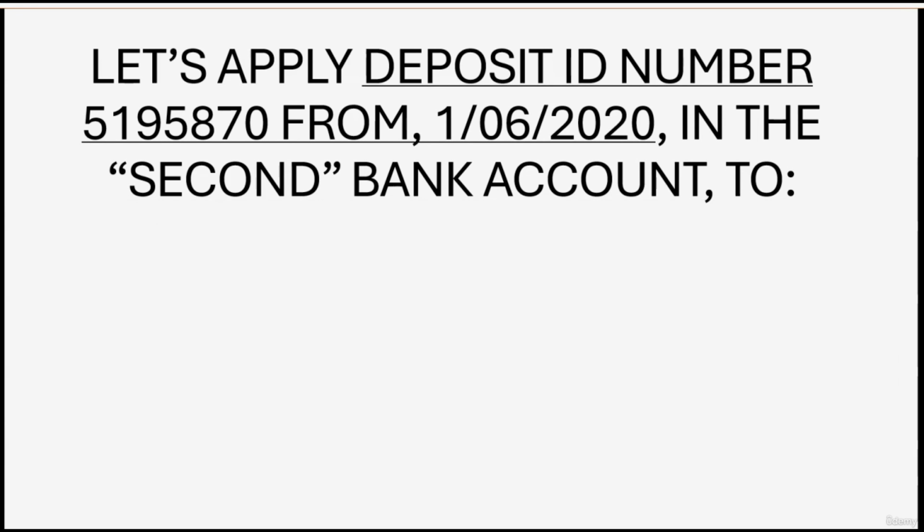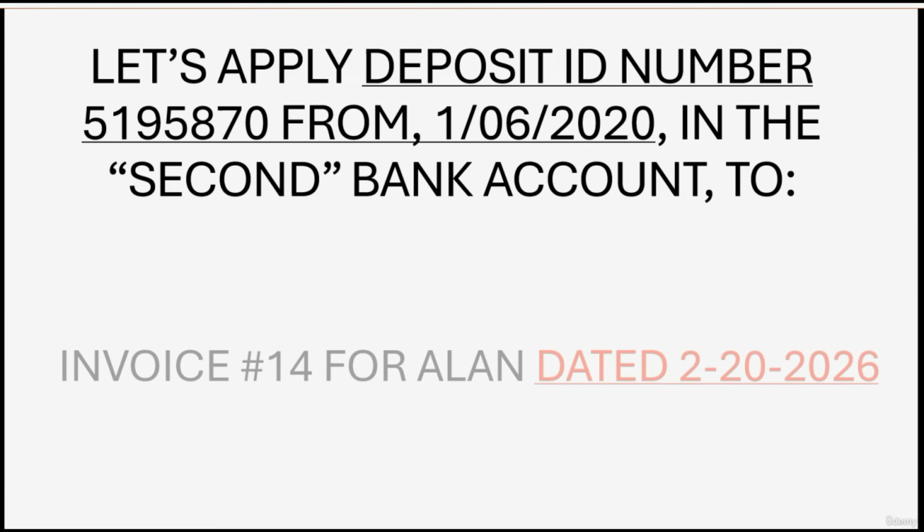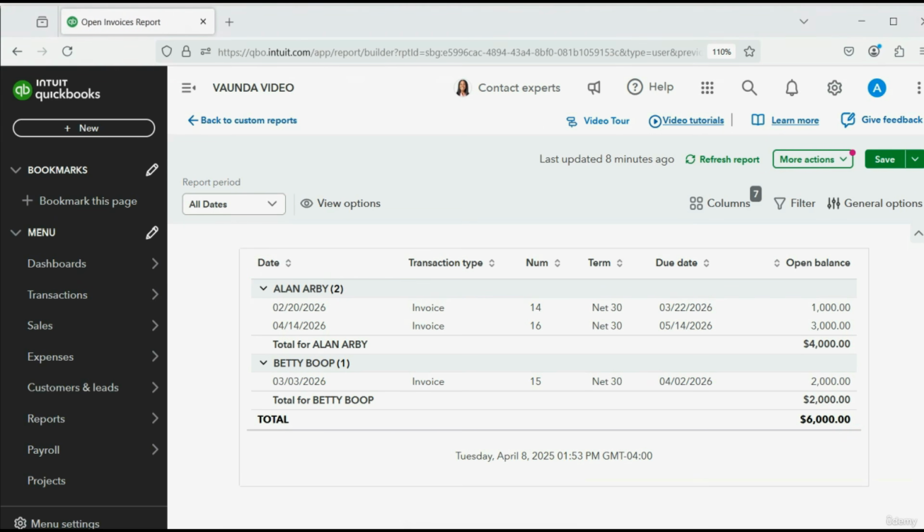In the second bank account, the one we worked with much earlier in the course, there's a specific deposit dated January 6, 2020, and we would like to apply that $500 deposit to invoice number 14 for Alan, dated 20/20/2026. So this is the payment we're applying, and this is the invoice we're going to apply it to. So watch and follow along with us.